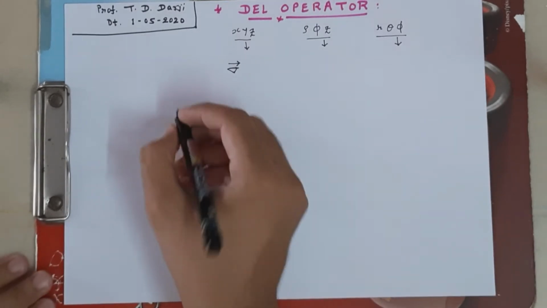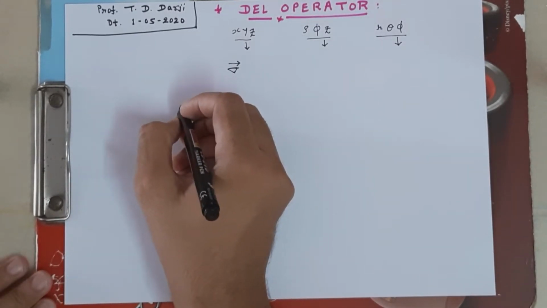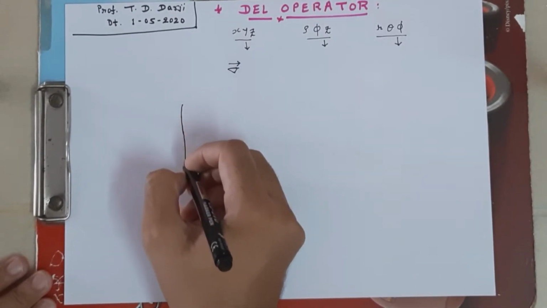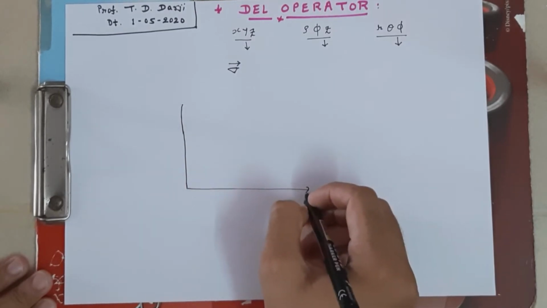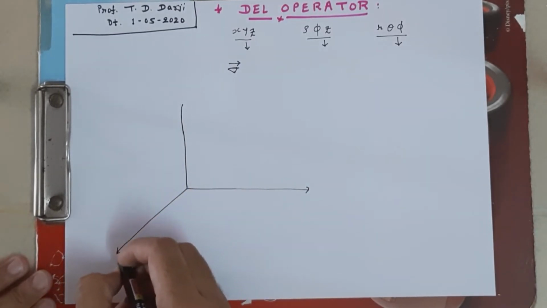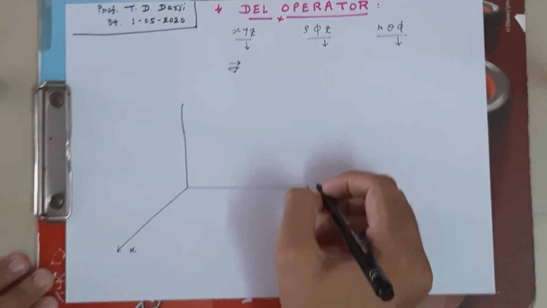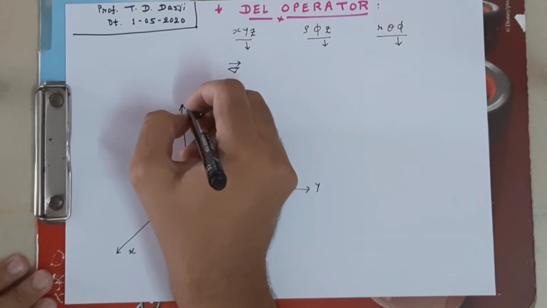To understand the exact meaning of the Del operator, first of all I have to take a Cartesian coordinate system x, y and z.